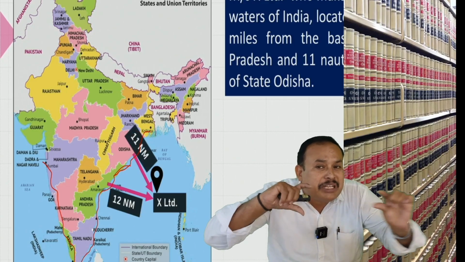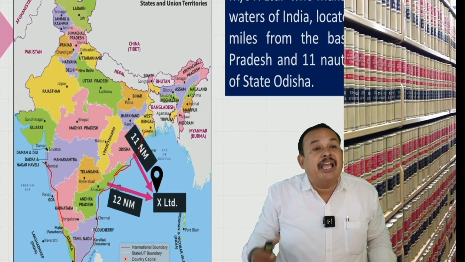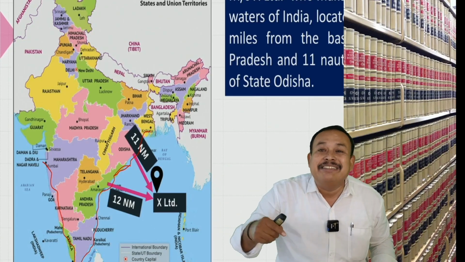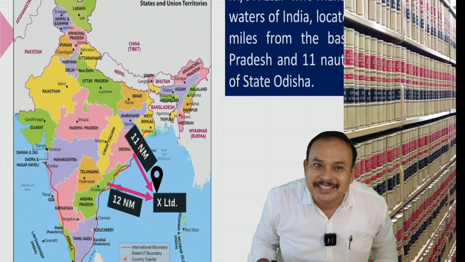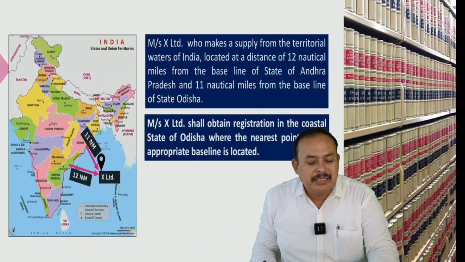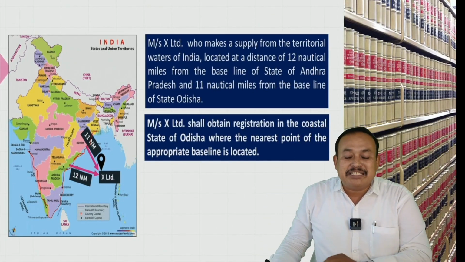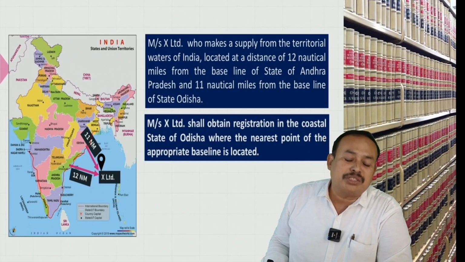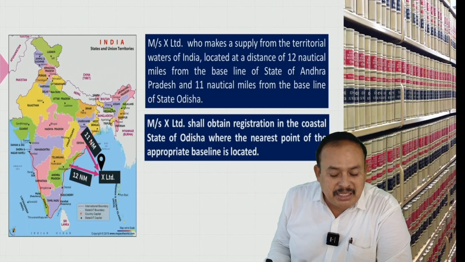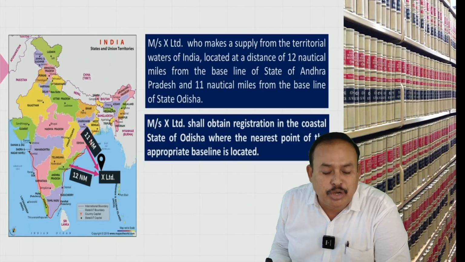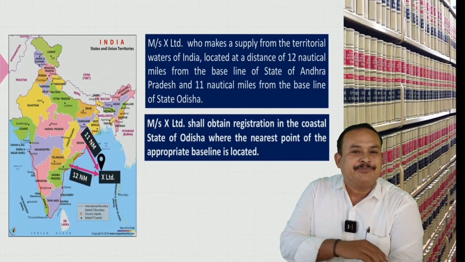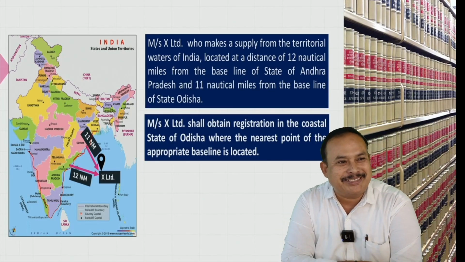Which is the nearest location for me? X Limited, the nearest location is Odisha. You have to get registered in the state of Odisha. X Limited shall obtain registration in the coastal state of Odisha, where the nearest point of the appropriate baseline is located. This question is going to come in the examination.